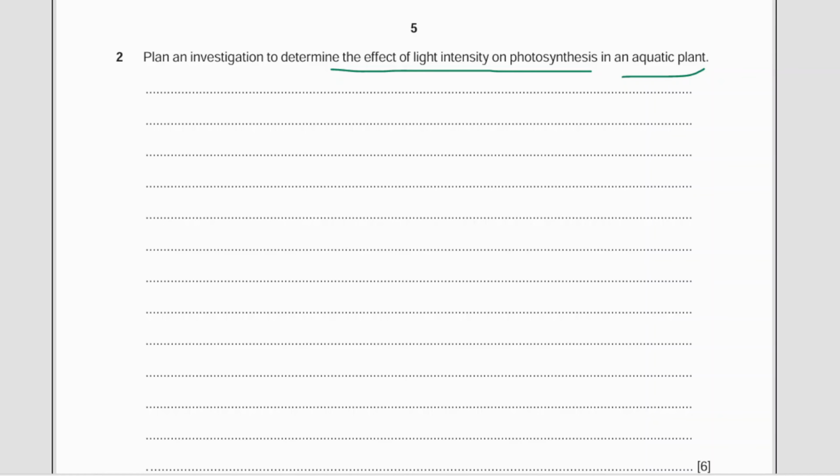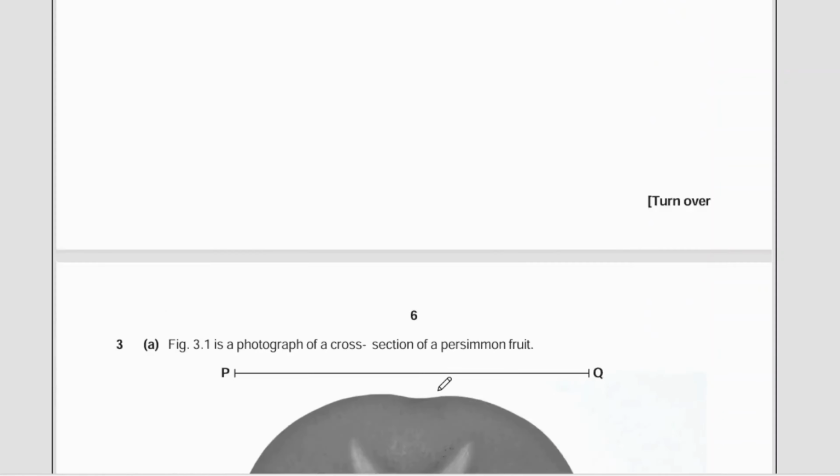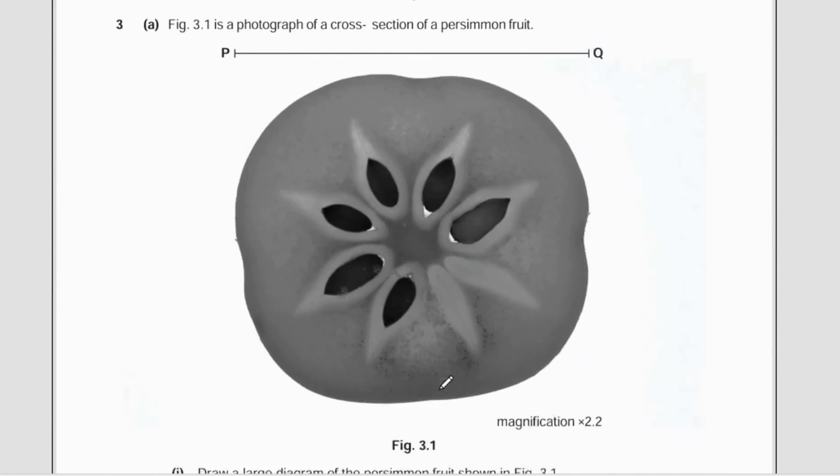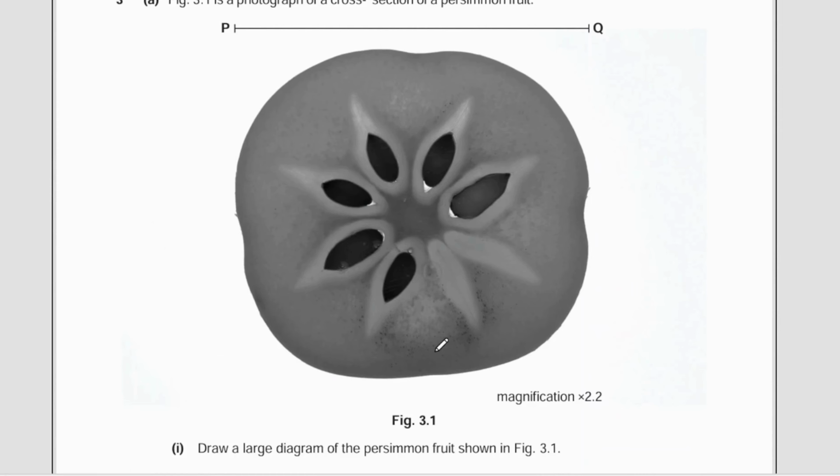Let's move to the next one then. In this diagram, there were lots of mistakes by students. First, the shape should be correct, and the number of ovules should also be correct. There should be 8, with 6 seeds and two openings without seeds.